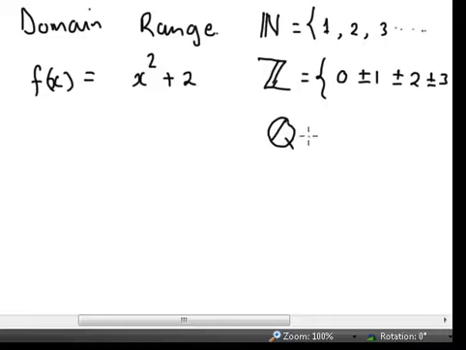rational numbers, which are numbers like, is 0 a rational number? Yes. Can you put it as a ratio? How do you put 0 as a ratio?